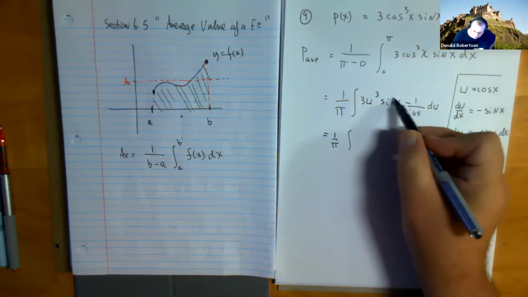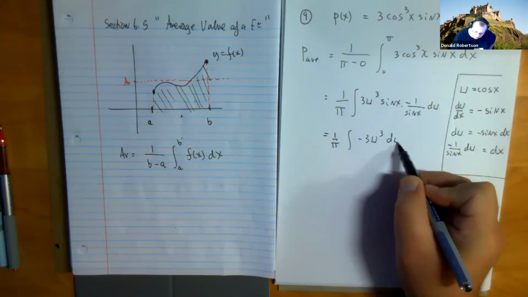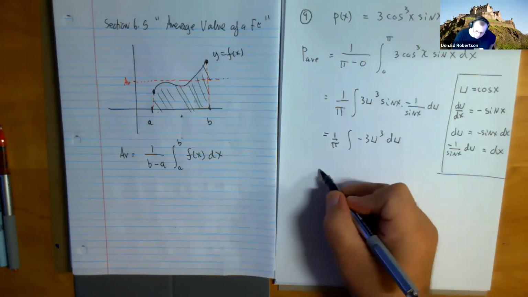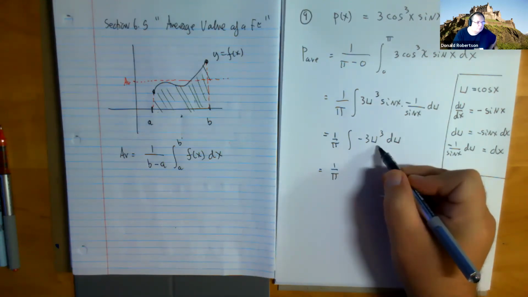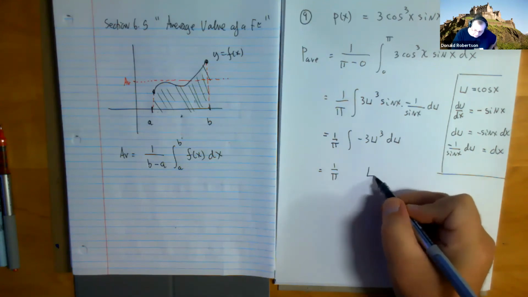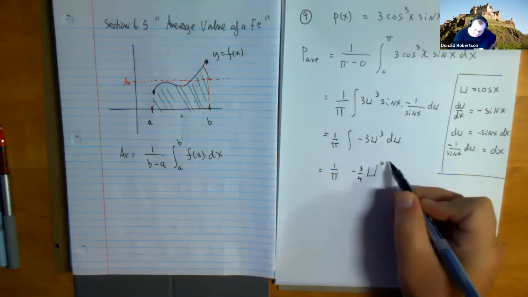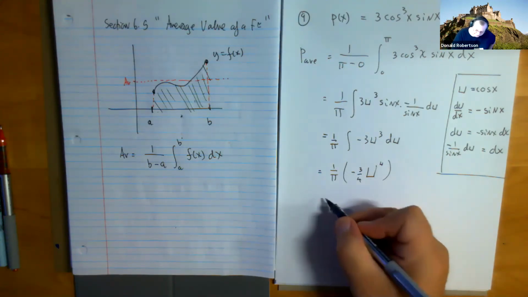And it's going to cancel with a little negative in front of it. We got that. Would you agree it's just a power rule? So I'll add 1 to the power and divide by the new power. So that's where the negative 3/4 came from.